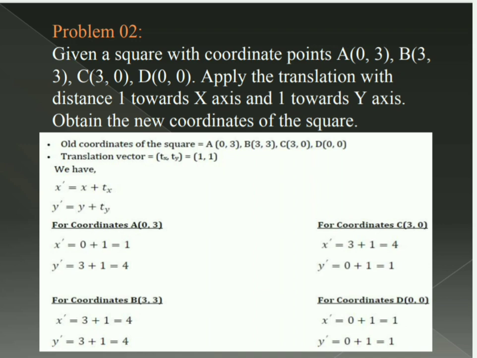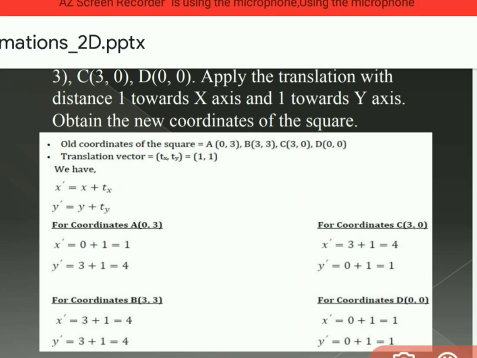Now I am going to use algebraic equation notation instead of matrix notation. By using the algebraic equations, we have x dash equal to x plus tx and y dash equal to y plus ty. After substituting the values of x, y, tx and ty for these four coordinates, you will get the new coordinates for the square.